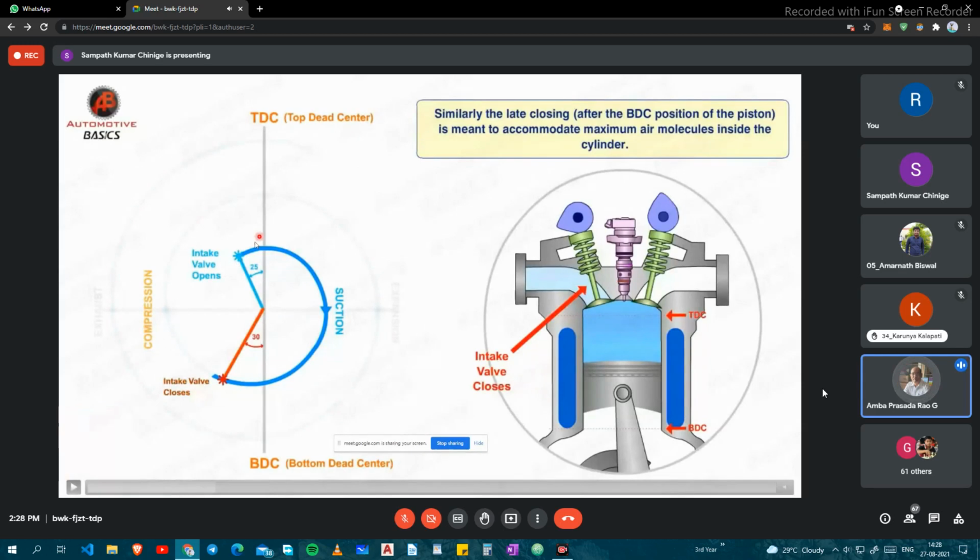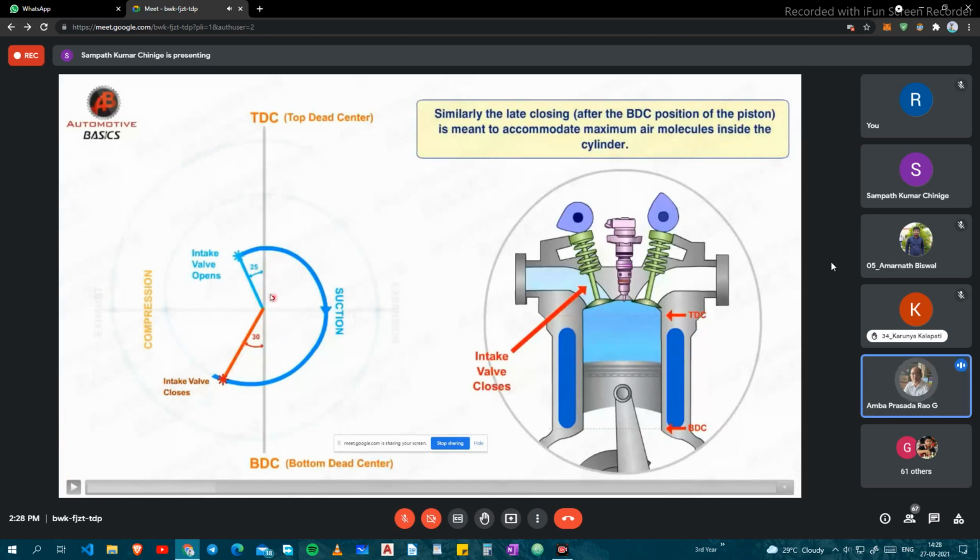In the ideal cycle, it completes 180 degrees of crank angle, whereas in the actual case the valve opens about 25 degrees before TDC, as we are showing here, and closes after 30 degrees. So it's 25 plus 180 plus 30, which is 235. Instead of 180 degrees, it is taking 235 degrees.